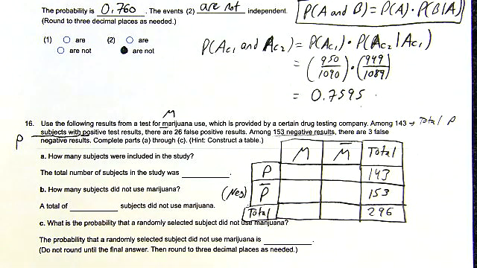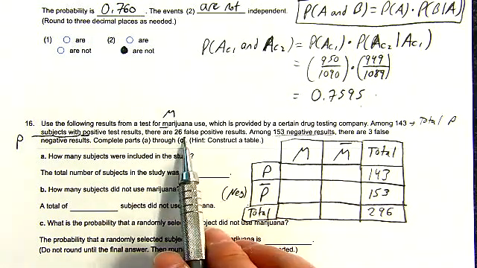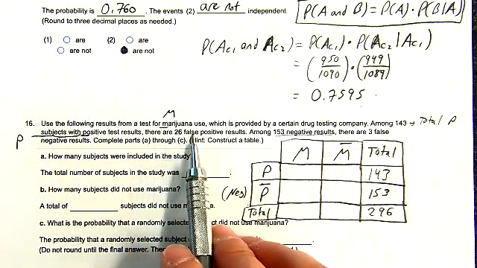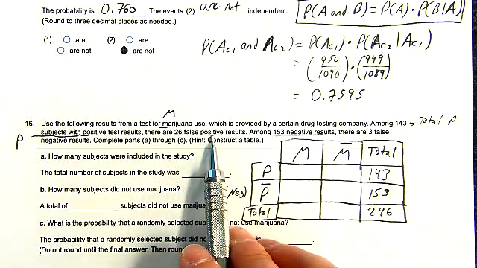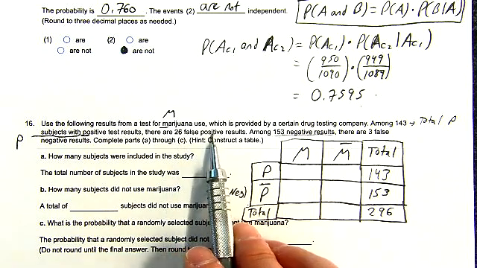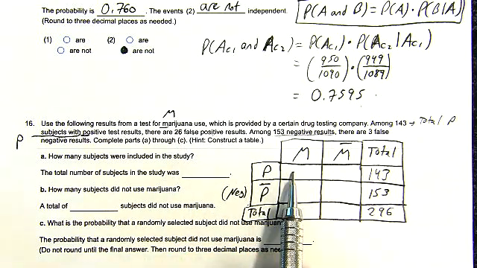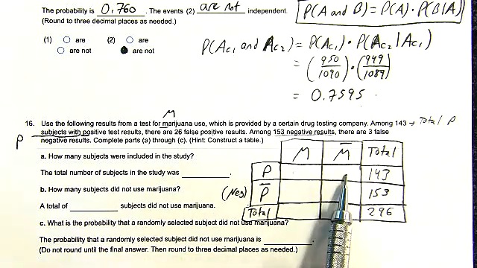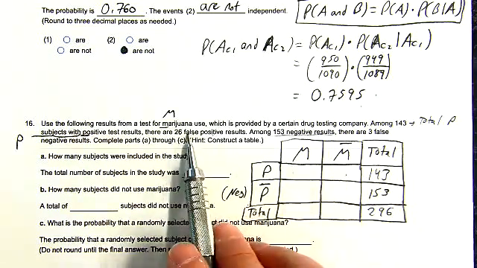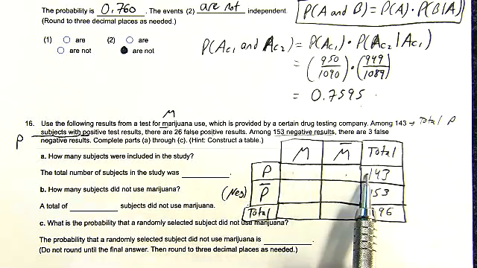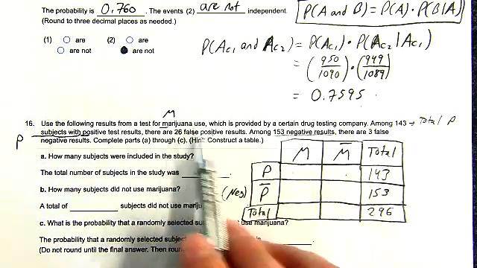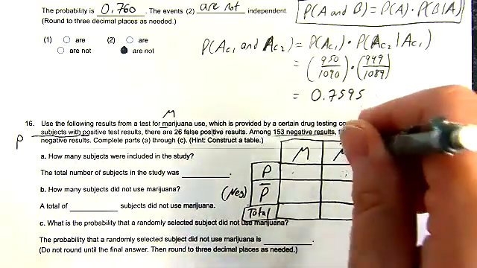Now let's try to figure out these other two bits of information. There are 26 false positives. So a false positive would be someone who tested positive, but they do not use. You see how I'm going to place this number? So these 26 people are in the positive row, but they're false positives, which means they did not use it. So they're in M bar.